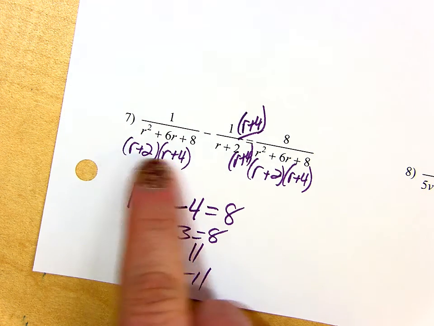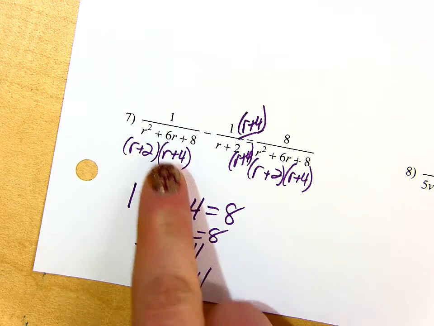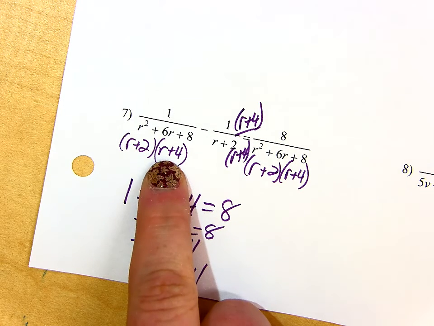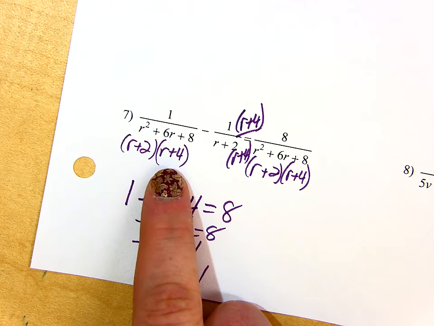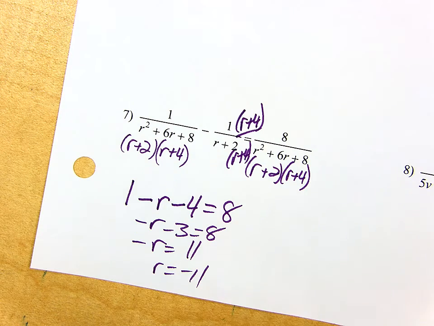So negative 11 doesn't affect anything here. Same thing with a negative 4. If my answer had been a negative 4, it would have turned that into a 0, so that would be impossible because I can't have zeros in the denominator. So we just need to be mindful that we can't get zeros in the denominator.